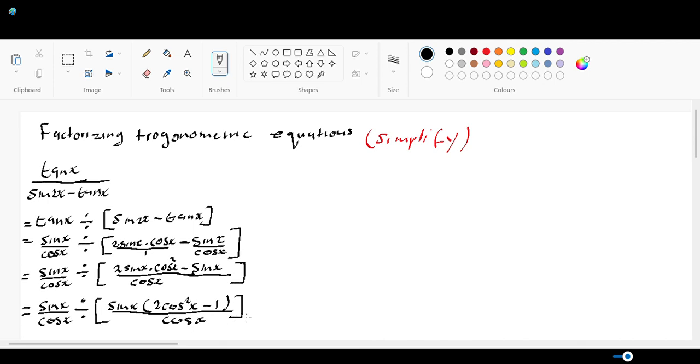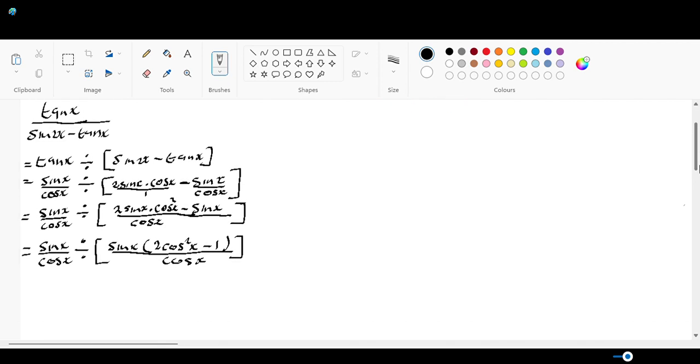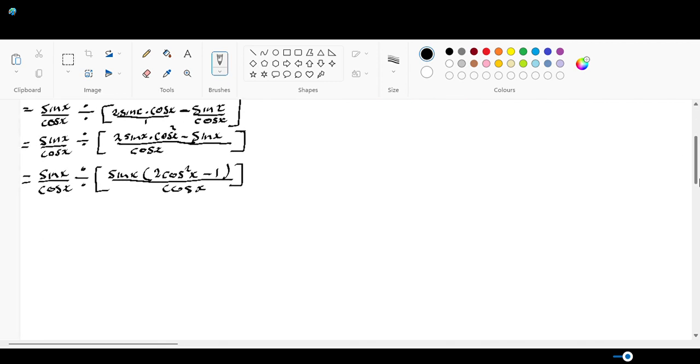Alright, so let's create a space there. So that's what you're having, and then we continue. This side we don't do anything, we just write it as it is. So here we know that we are having sine x.